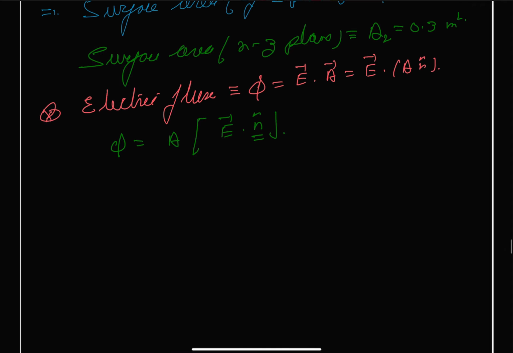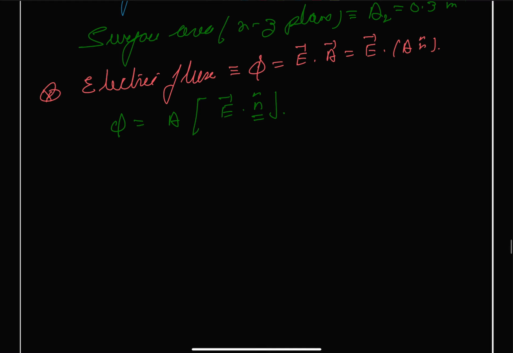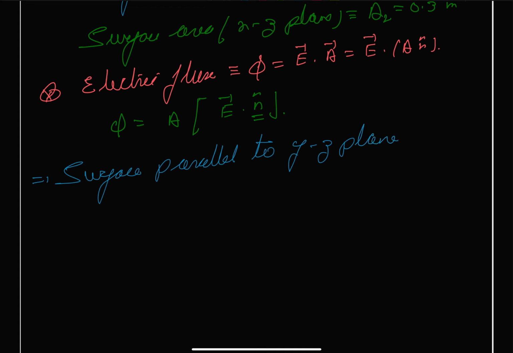The surface parallel to the YZ plane has a normal along the x-axis. So we can say our n1 unit vector is equal to plus i.